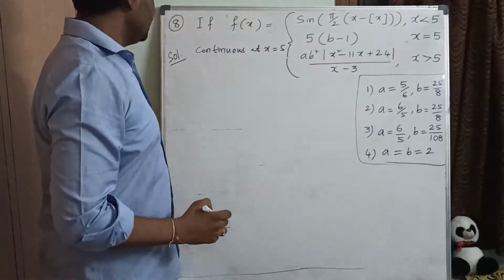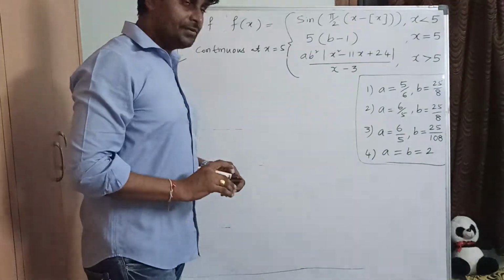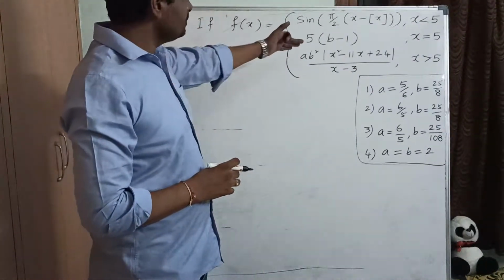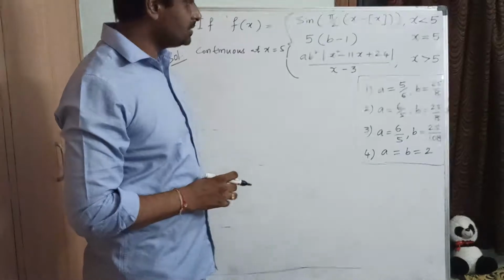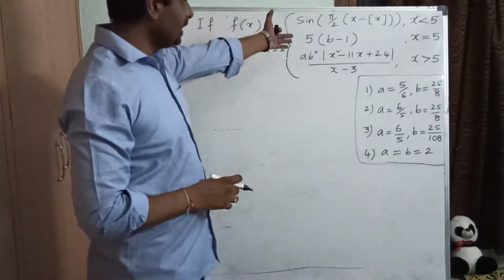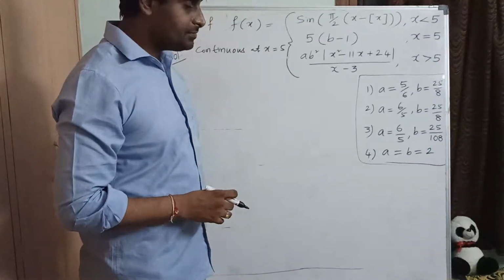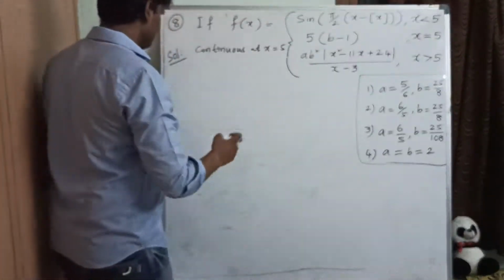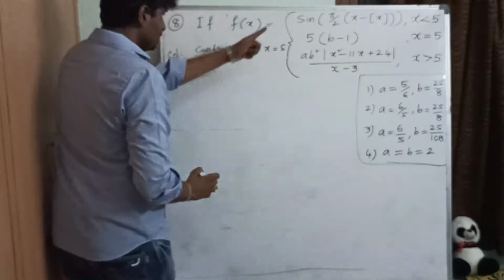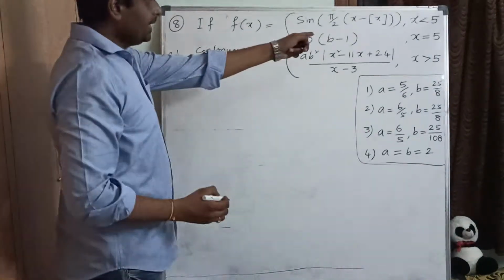See, most of the problems look difficult from the outlook, correct? But whenever we go for finding the solution using LHL, RHL for the given problem, it will be very easy. So now let us have a look at the LHL and RHL of this function. First of all, let us go for taking LHL. It's very easy. See here, LHL. Now x is less than 5.